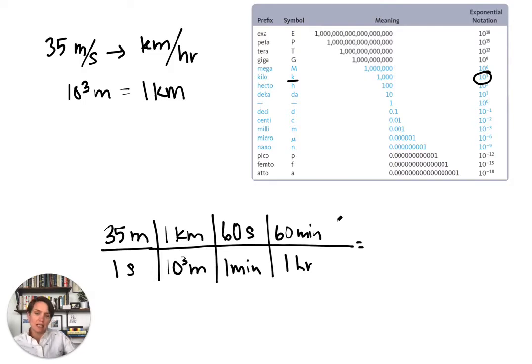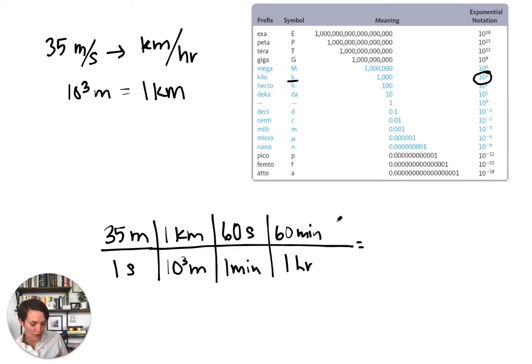Okay, so what's really nice when you have a more complex dimensional analysis problem, which is what we're doing right now, before we were converting within the metric system, now, well, we're doing essentially the same thing. But it's just a little bit more complicated because we have this compound unit.